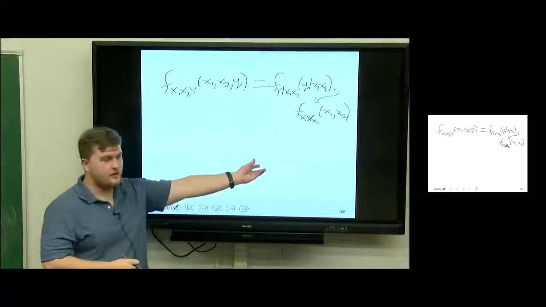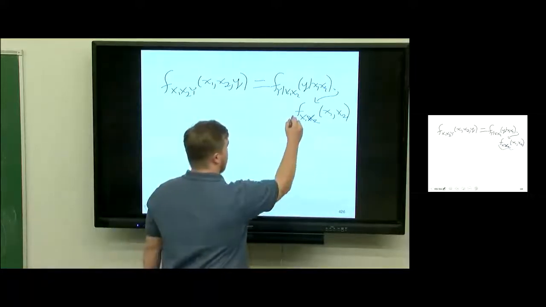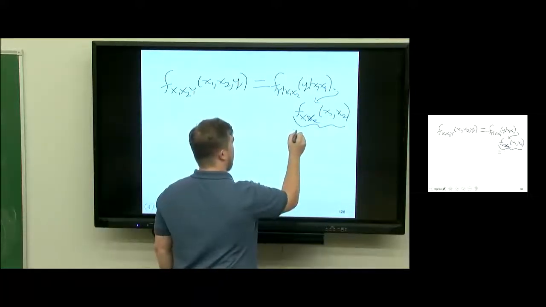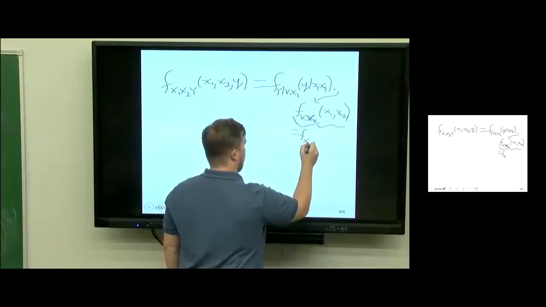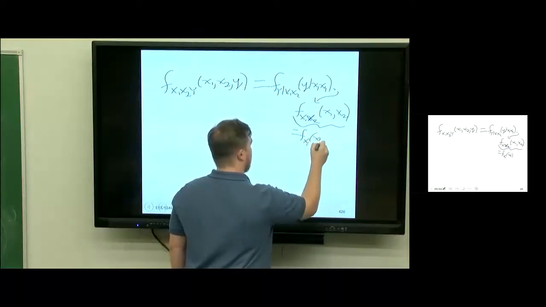And we know that x1 and x2 are statistically independent, so we can factorize this as the marginals.